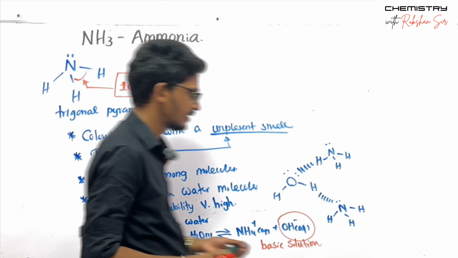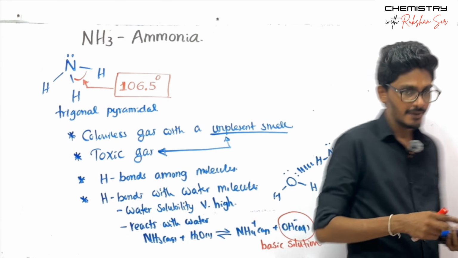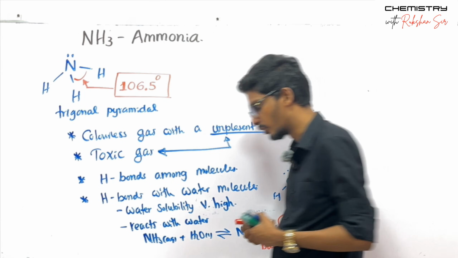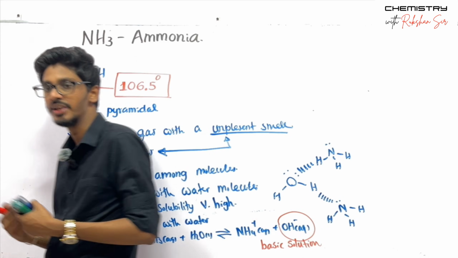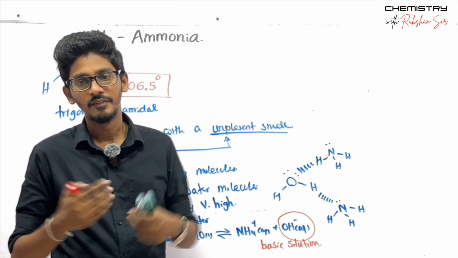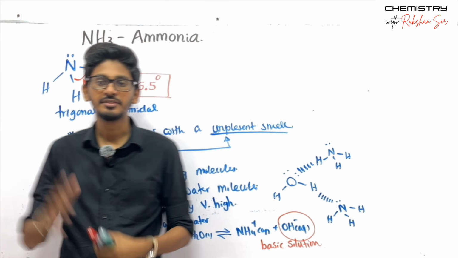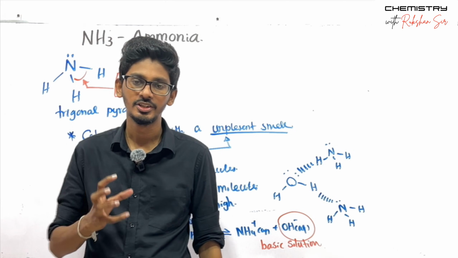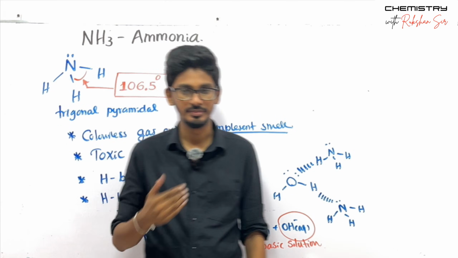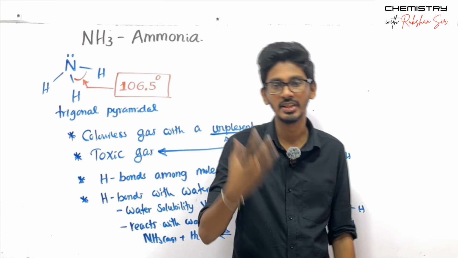Next, let's discuss how to identify the presence of ammonia. Actually, we had discussed this with the S-block stuff as well. There are three tests to identify ammonia. When analytical chemistry questions are being discussed, these things come up again and again.